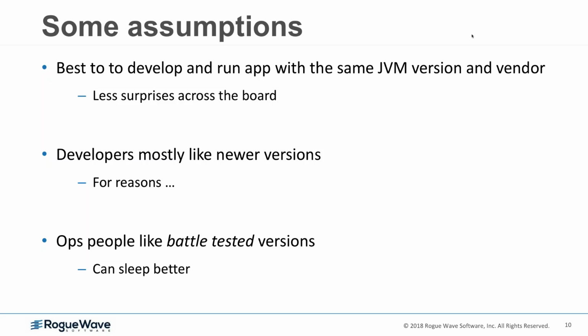When you talk amongst yourselves, usually it's more about new features. So here I've written down reasons, because different people have different reasons why they like the latest and greatest. At the same time, ops people like battle-tested versions. And they're actually optimizing their sleep, so they can sleep better when they run stuff with battle-tested versions.